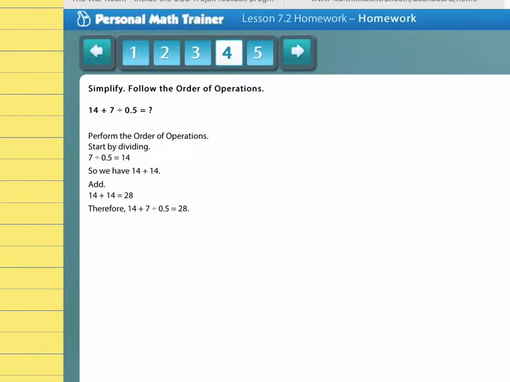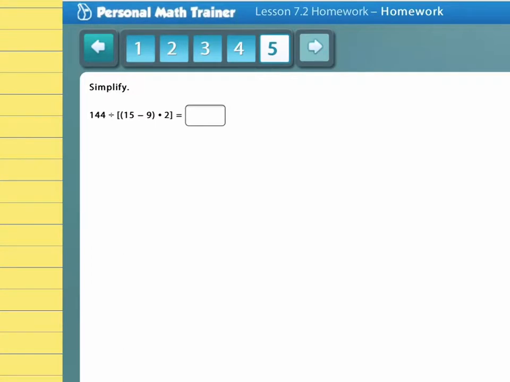Got the explanation on Think Central. They did the exact same thing that we did, so we got the correct answer. Moving on. Order of operations. Now here you see both parentheses and brackets. So the brackets are parentheses outside of the original parentheses, so we do the original parentheses first. I'm going to rewrite the equation, so it's 144 divided by bracket 15 minus 9 is 6 times 2.